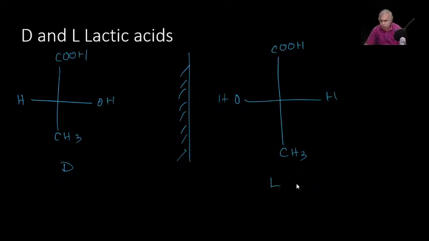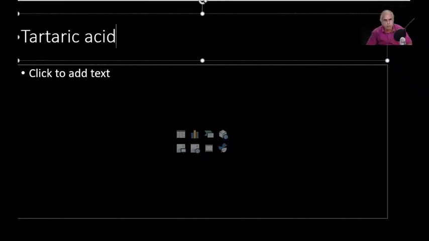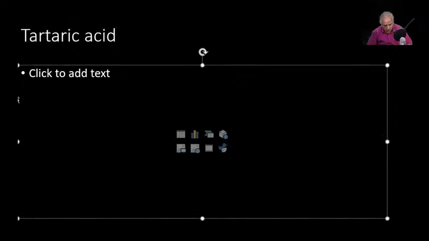Next, let us check which type of notation tartaric acid has. Generally it is based on the second carbon atom from the bottom.